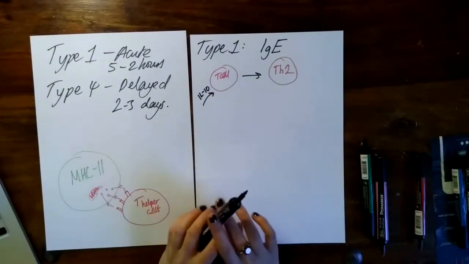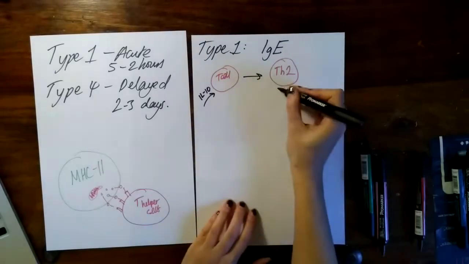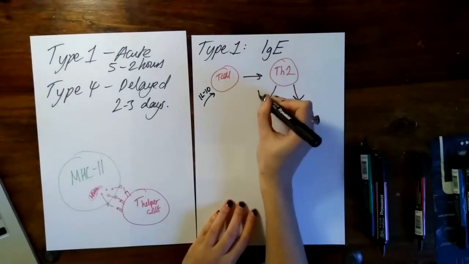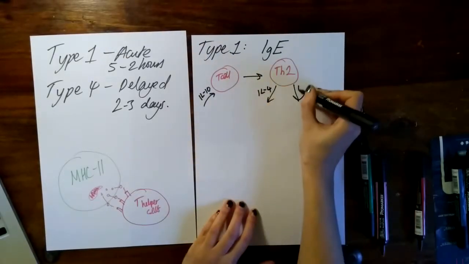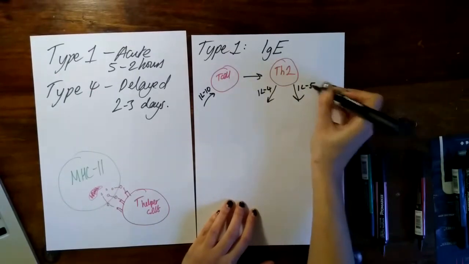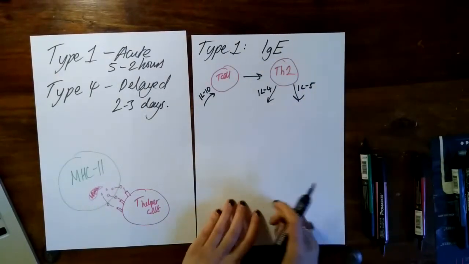These cells release other cytokines, IL-4 and IL-5, which signal to B cells.